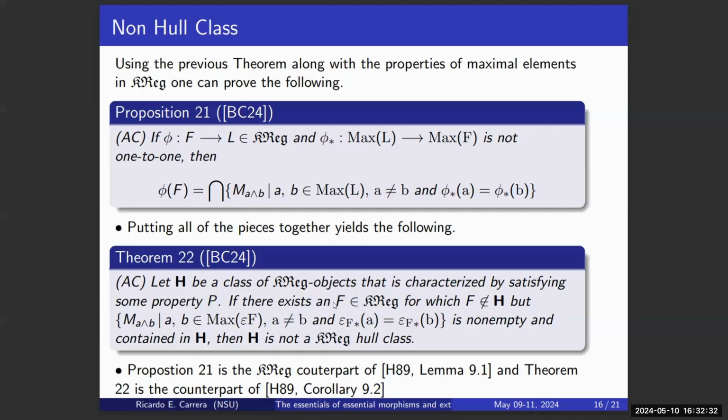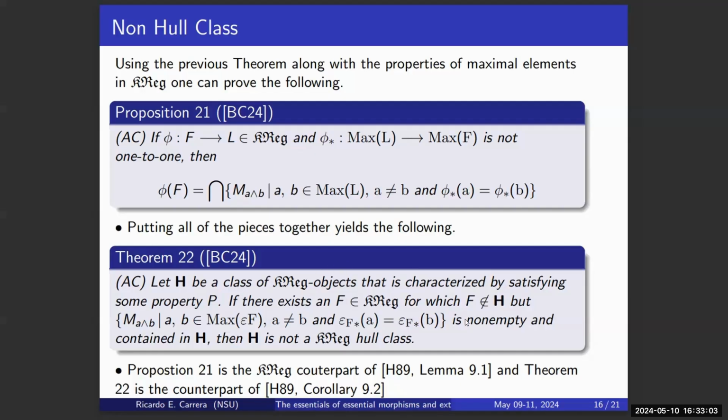Because if you intersect over all these guys, according to this theorem, that should be basically what the canonical embedding of F in E of F is. But if F is not in the Hall class, then that intersection cannot be in the Hall class. And so it doesn't satisfy the theorem 12 provision, and therefore you can't have a Hall class.